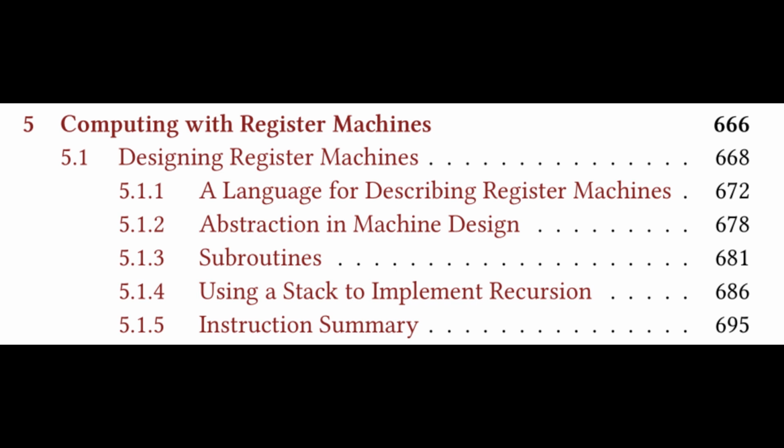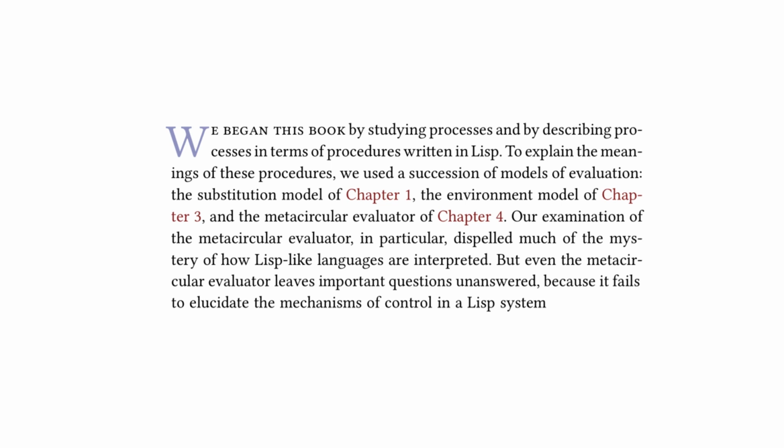That being said, let's take a look at what the start of this chapter, Chapter 5, says. It has a summary of what we've done so far. So Chapter 5 starts with, we began this book by studying processes and by describing processes in terms of procedures written in Lisp. To explain the meaning of these procedures, we used a succession of models of evaluation: the substitution model of Chapter 1, the environment model of Chapter 3, and the metacircular evaluator of Chapter 4.